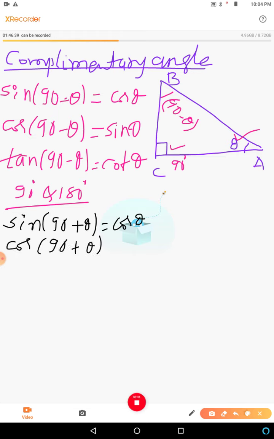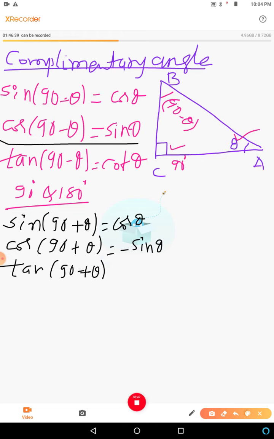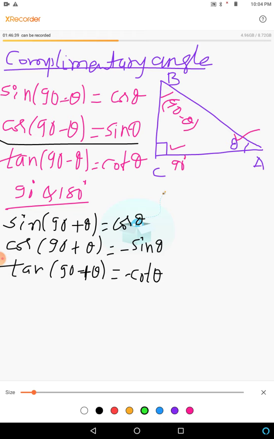What was cos of 90 minus theta? Sin theta. But cos of 90 plus theta is minus sin theta. In the same manner, tan of 90 plus theta will be equal to minus cot theta.